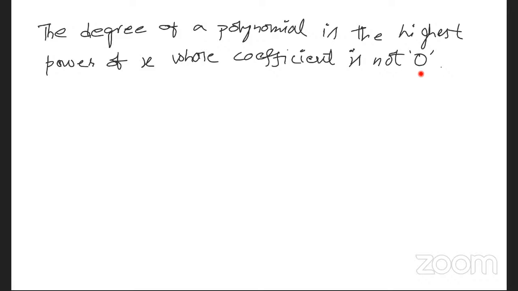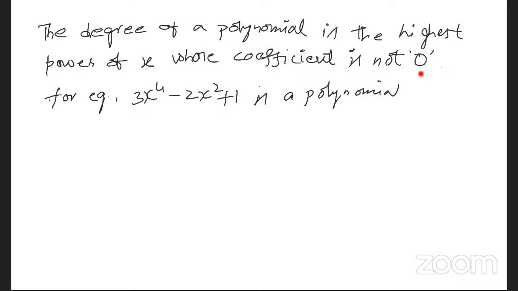We'll take some examples. For example, 3x to the power of 4 minus 2x square plus 1 is a polynomial of degree 4.